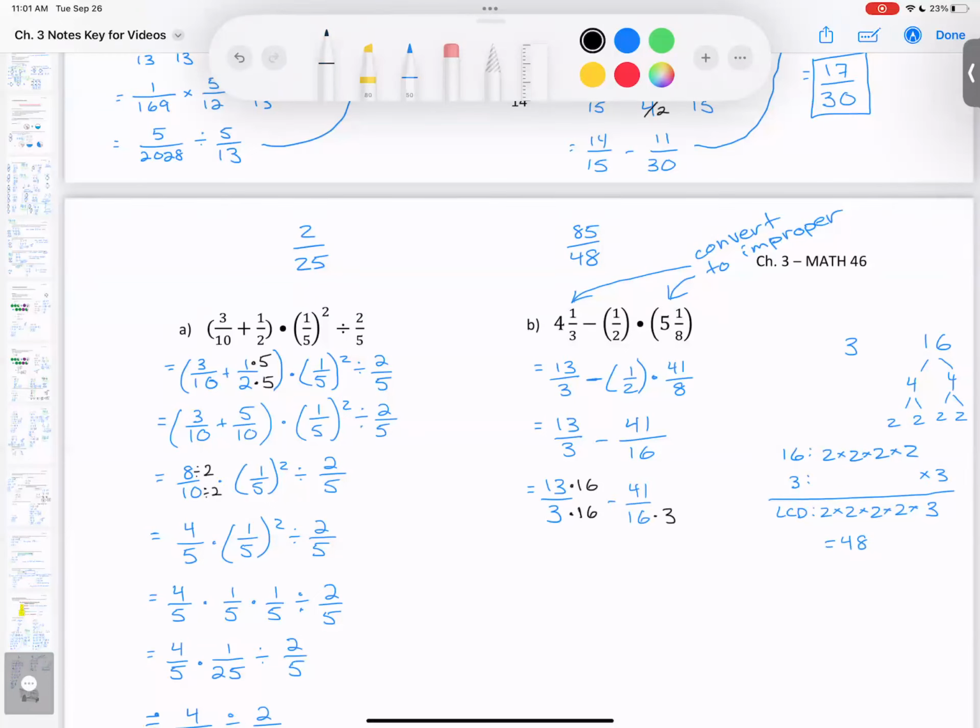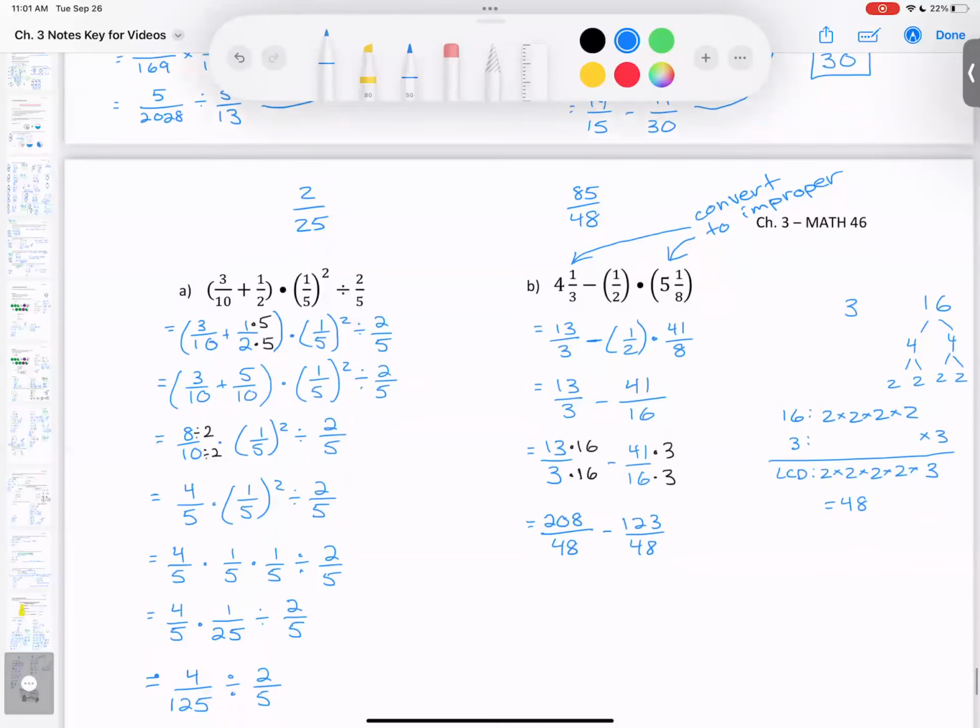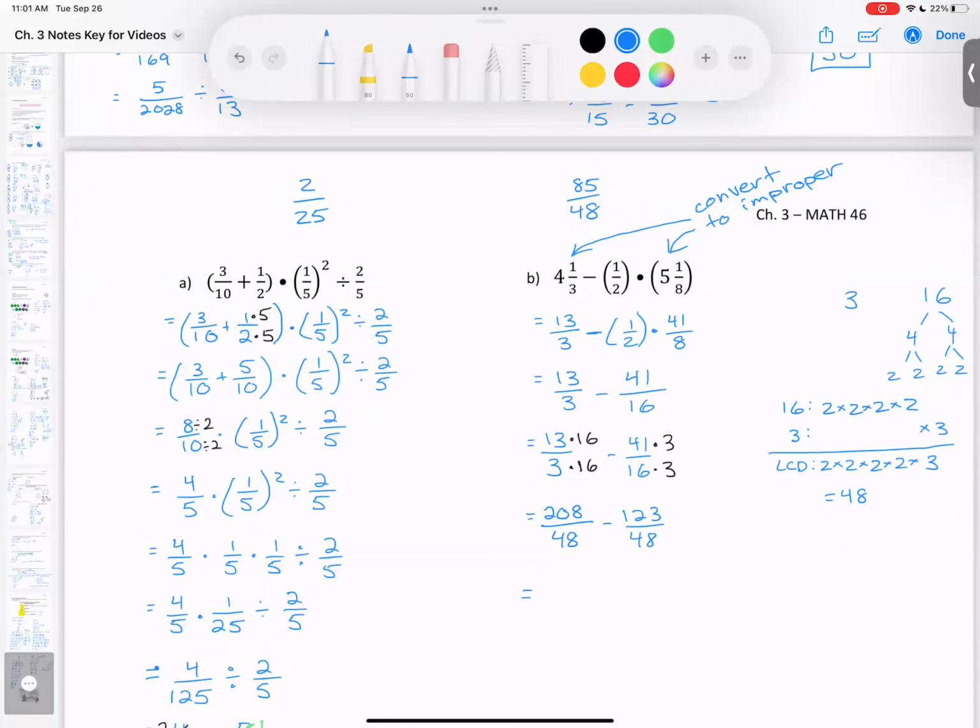So we're basically multiplying the denominators by each other in this case. And so we get 13 times 16, which is what? 208 over 48, minus 41 times 3 is 123, over 48. Now we have that common denominator, so we can subtract the numerators.